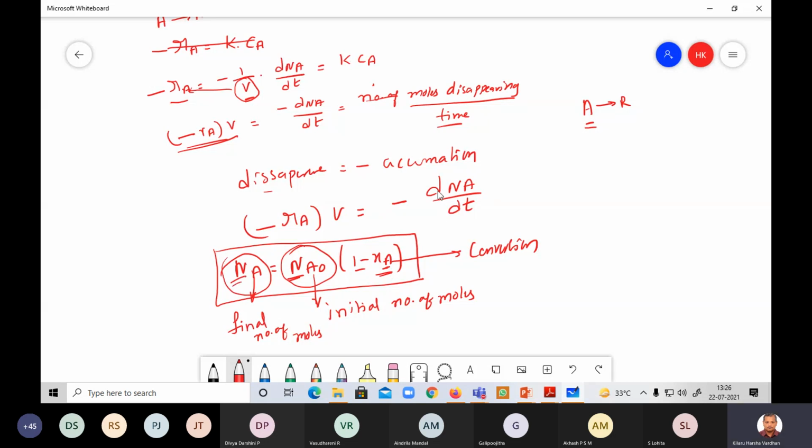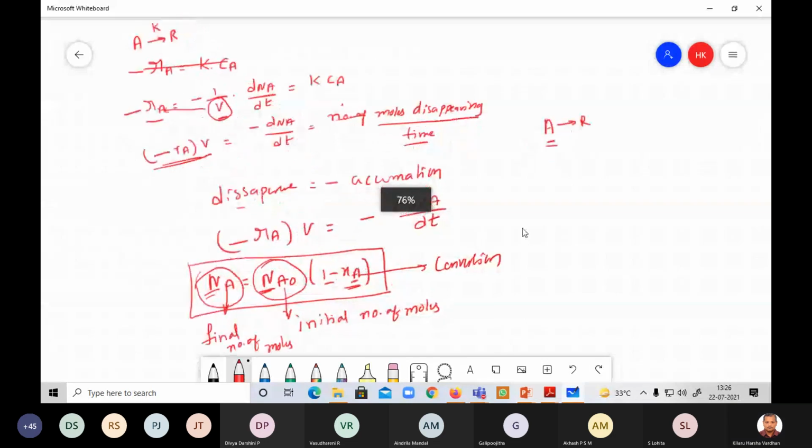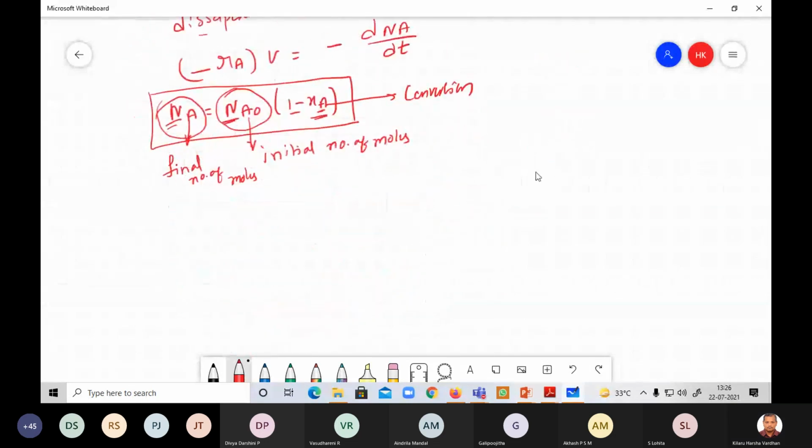So this is the derivative d by dt of NA. If you substitute this here, then what will happen? If I substitute, let me write: minus RA into V is equal to minus d by dt of NA, right? NA is nothing but NA naught into 1 minus XA.